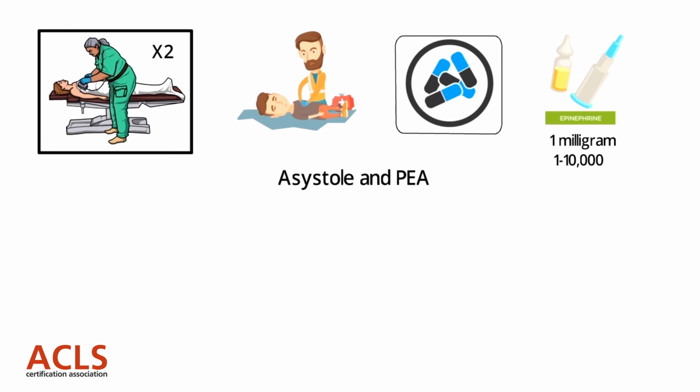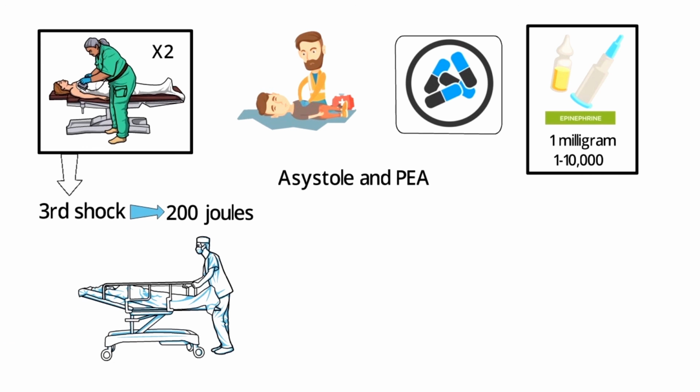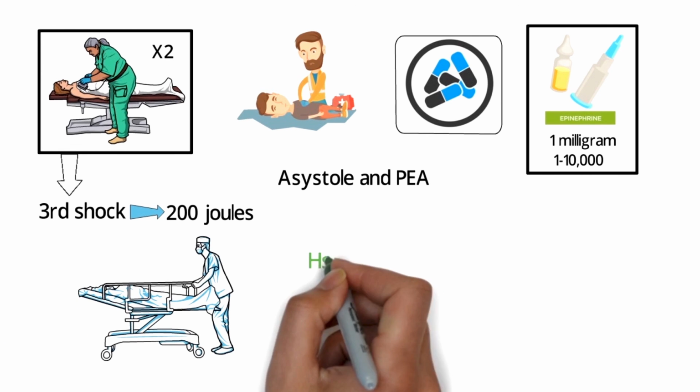All right, so we're going to start thinking about giving the epinephrine, and then again, after 2 more minutes of CPR or 5 more rounds, we can shock them again, but the third shock we deliver would be at 200 joules. And that's where we're going to max out on the number of joules that we deliver during defibrillation with a biphasic defibrillator.